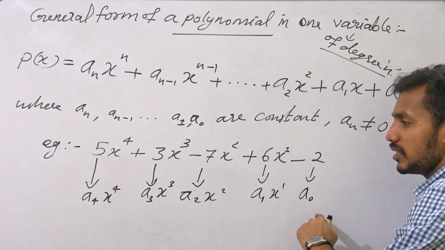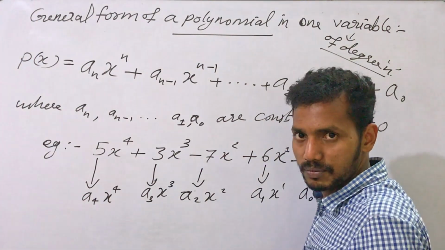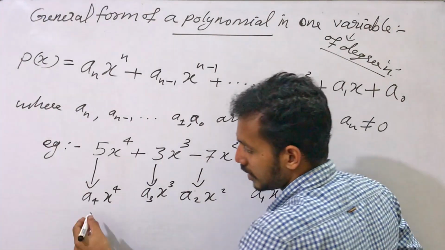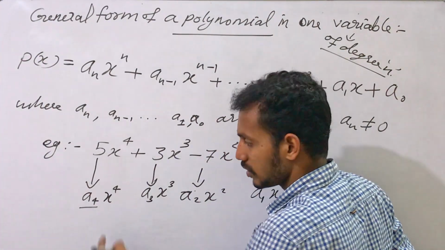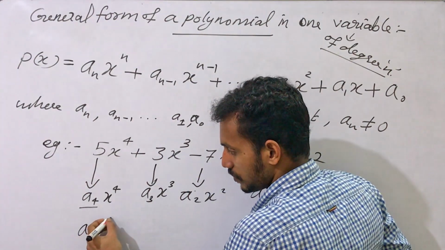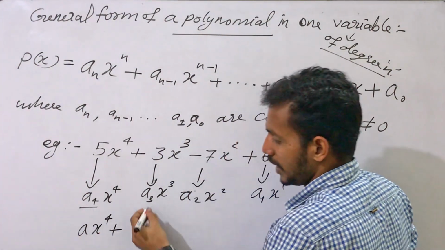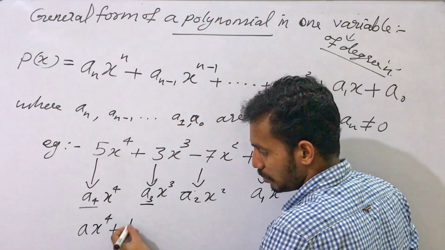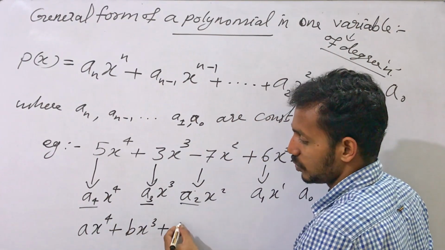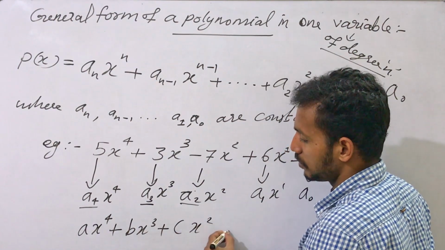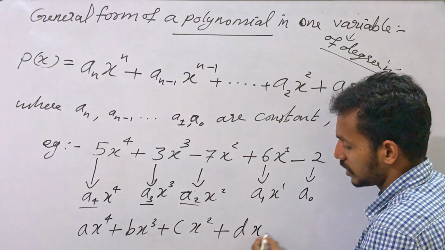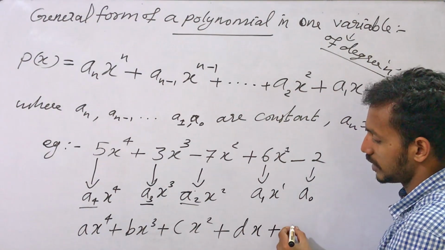And to represent it in this way is quite difficult. So what we will do is we will start from here and convert a4 into a, x raised to 4, plus a3 we will convert into b, x cube, plus a2 we will convert into c, x square, plus a1 we will convert into d, x, plus a0 we will write as e.